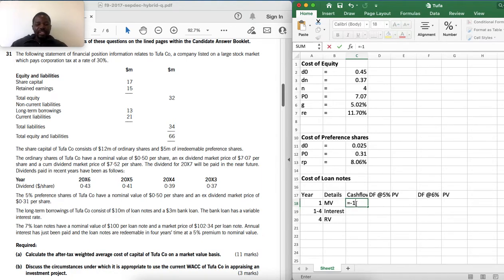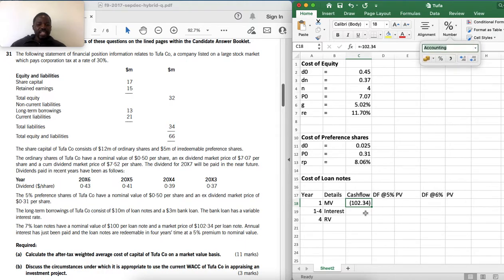In year 1, it's 102.34. That is the market value of that loan note. I will copy the formatting here and also copy the same formatting here and also here.